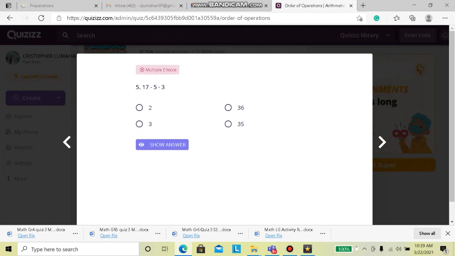Question number 5. 17 minus 5 multiplied by 3. Pause the video and answer. The correct answer is 2. Next, 7 minus 9 divided by 7. The answer is 6.